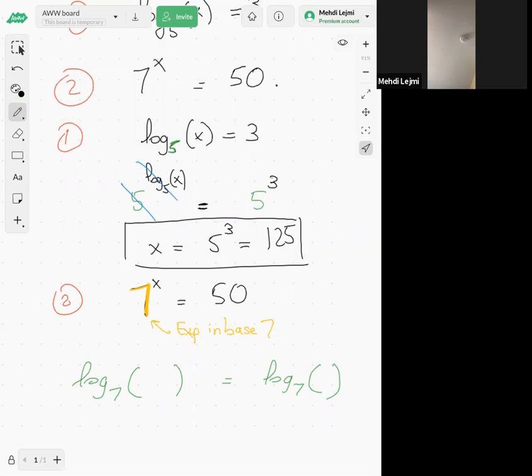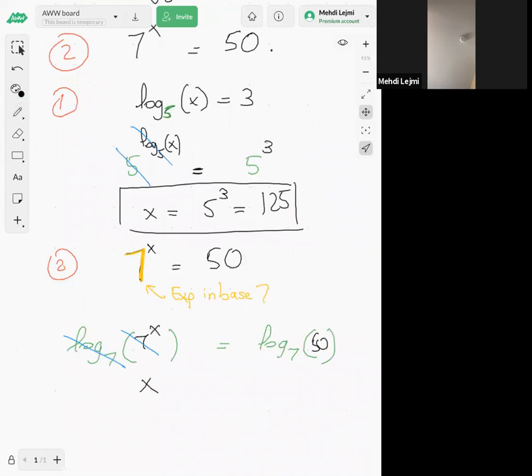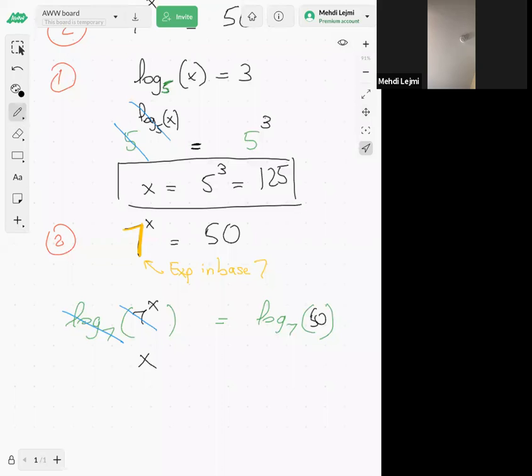It's 50 on the right side, and on the left side, it's 7 to the power x. Then the log and the exponential power 7 cancel out. So that'll be just x on the left, and on the right side, that would be log in base 7 of 50. All right, so that would be the answer.